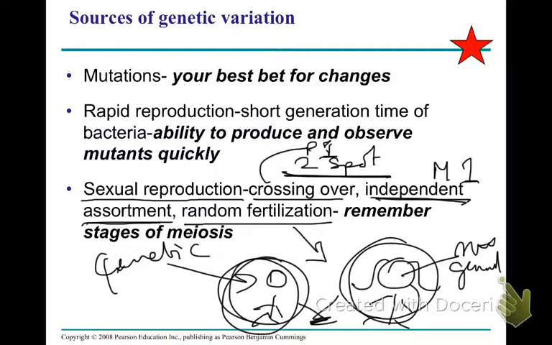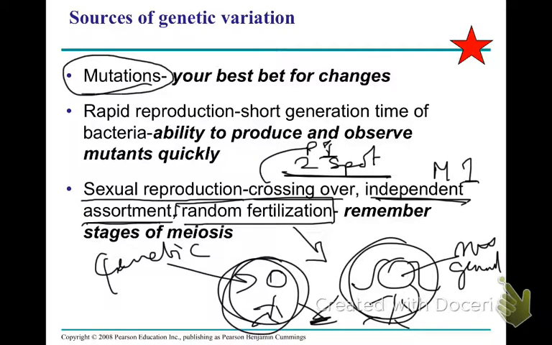This goes to the fact that you marry far away from the family and not closer to the family. That's an important thing to remember. Random fertilization is another part where variation is introduced. But that is a finite amount of variation that you can get.